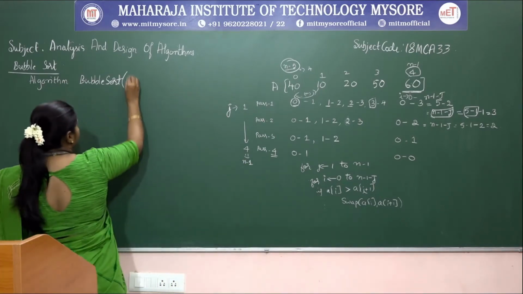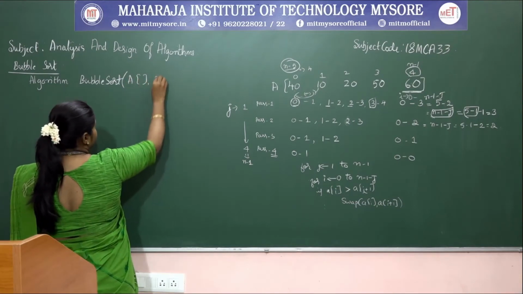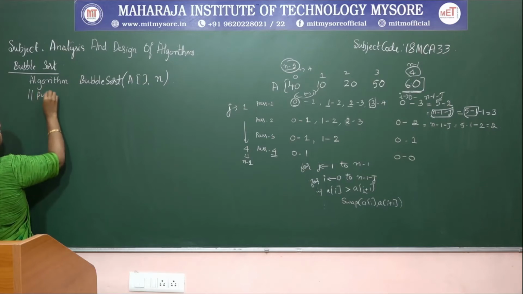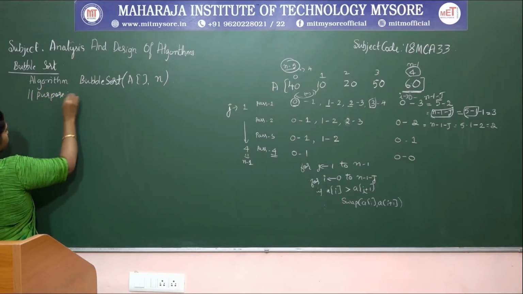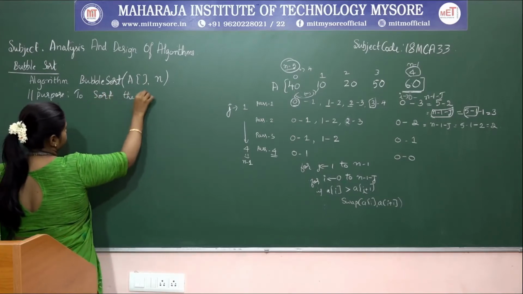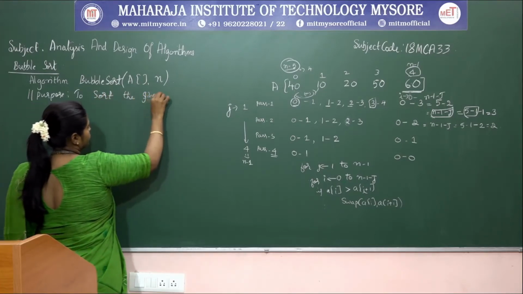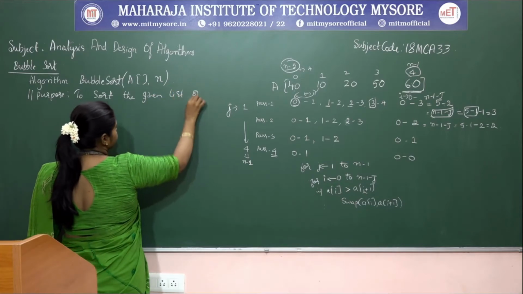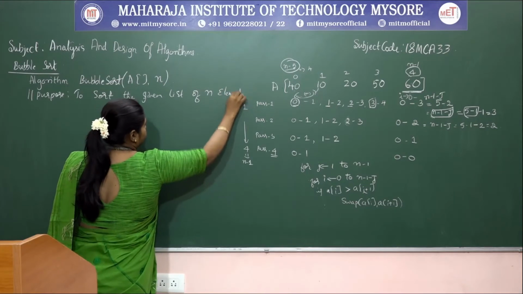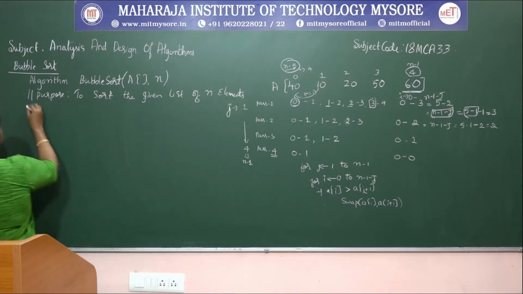So an array of n elements. So the purpose is to sort the given list of n elements, right? So next, inputs.